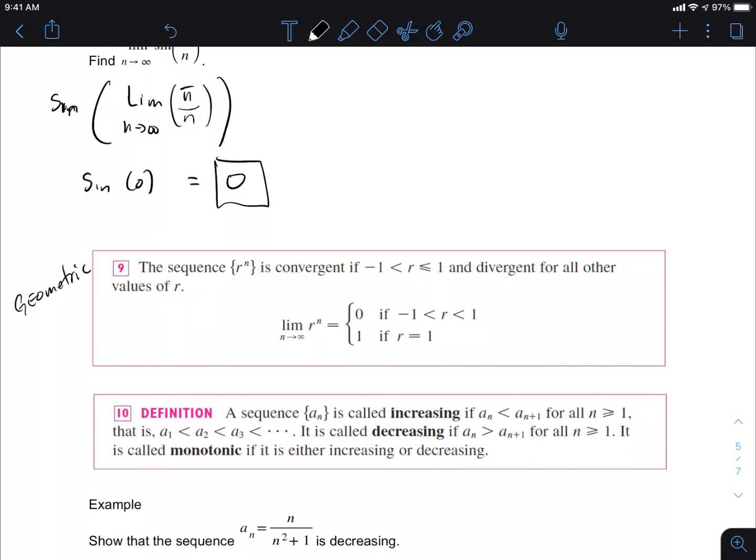And so since it's geometric, we also know that the geometric sequence had convergence if it was within negative 1 and 1. And then if it was outside of that, it would diverge, right? It would take off. So that's important to know. Just remember that. That's critical.